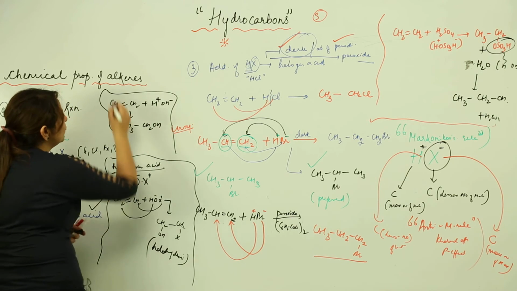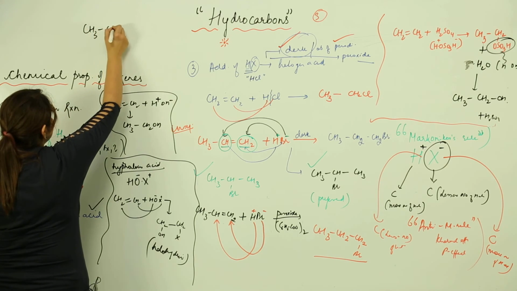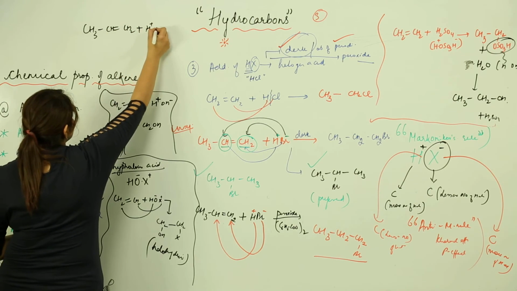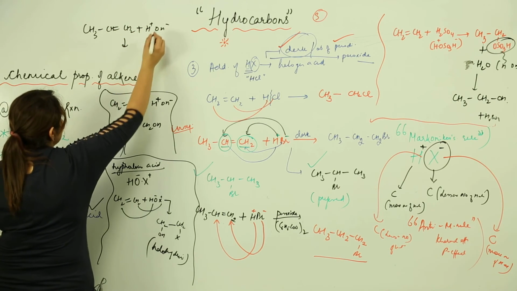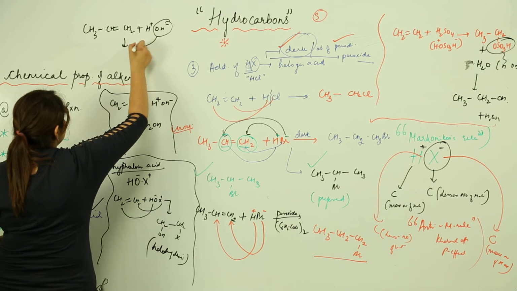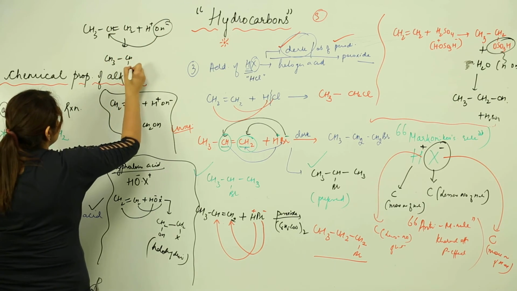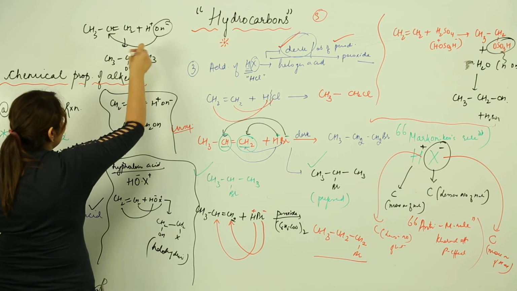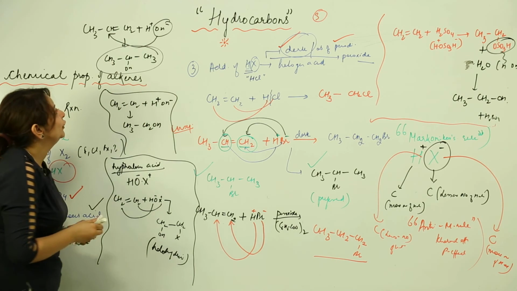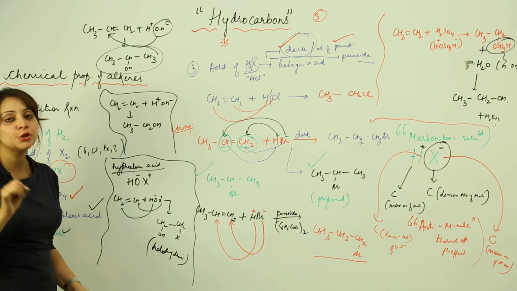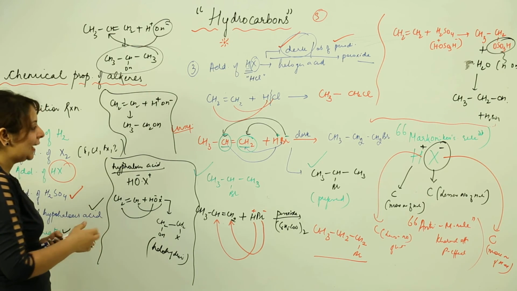But if you have an unsymmetrical alkene, let's say like this, and you are going to add water, then the negative part is going to attach to the carbon which carries the lesser number of hydrogen atoms. So the bond becomes single and this is actually propan-2-ol, or you can say 2-propanol. So this is the addition reaction.